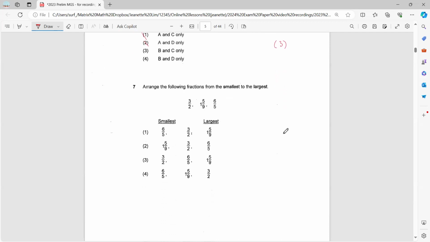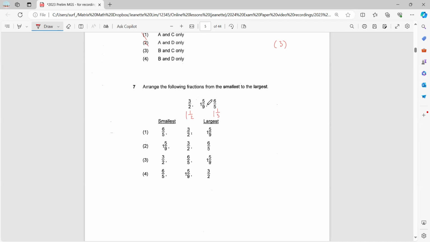Question 7, arrange the following fractions from the smallest to the largest. We have different fractions. Some are improper fractions, some are mixed numbers. So let's change everything to mixed numbers. It'll be easier to compare. This is 1.5. This is 1 1/5. So let's compare. The whole numbers are all 1. How about just the fractions?